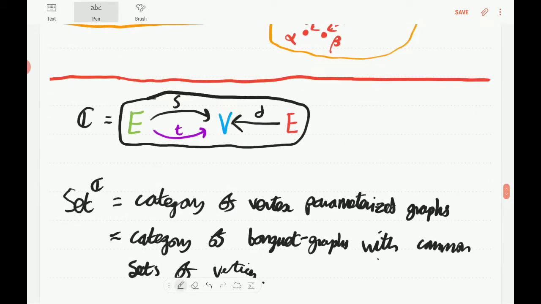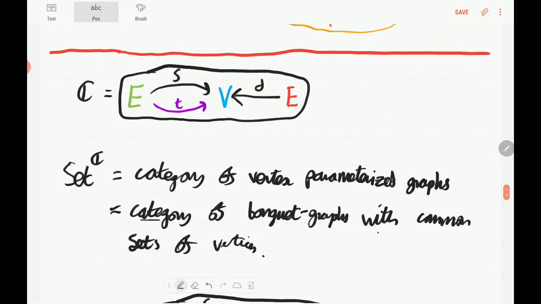Okay, so here's another related category. This one, C here, has objects E, V, and L, and arrows S and T from E to V, and an arrow D from L to V. We can think of this as the category of vertex parameterized graphs, or, if we like, as the category of bouquet graphs with common sets of vertices.